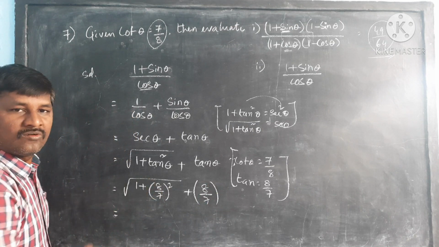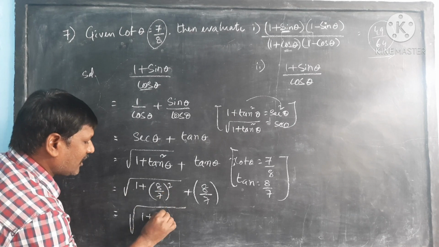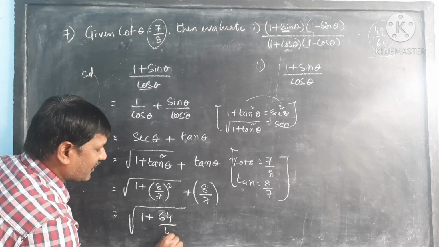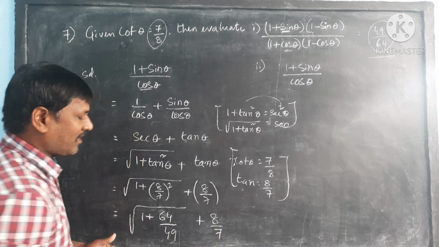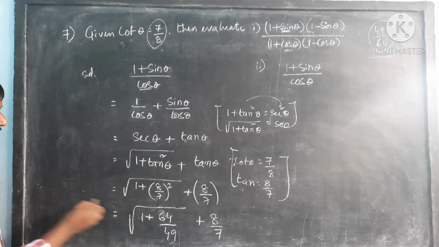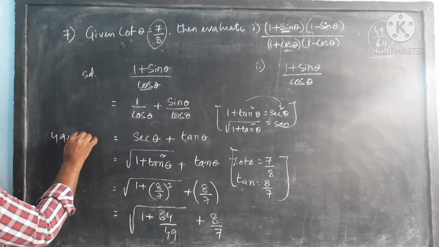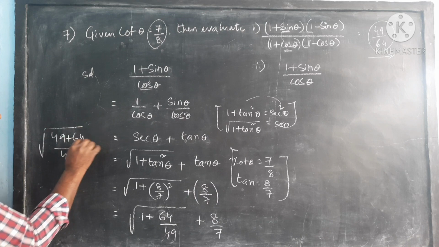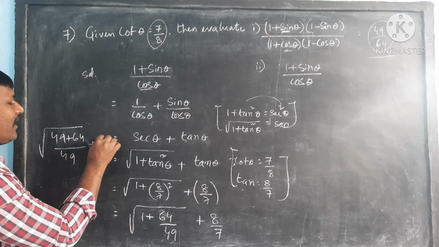Now solve this. You can write 1 plus 8 square, which is 64, divided by 7 square, which is 49, and then the same 8 by 7. Now you have to add these two numbers: 49 plus 64 divided by 49 under root, plus 8 by 7.